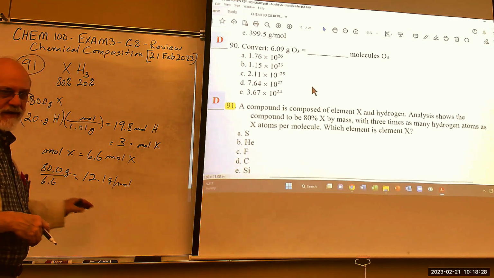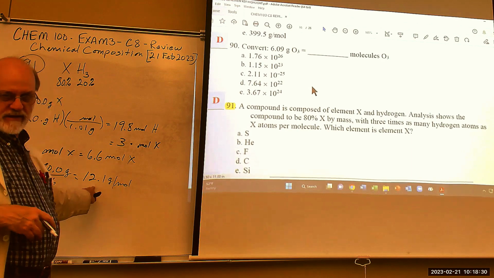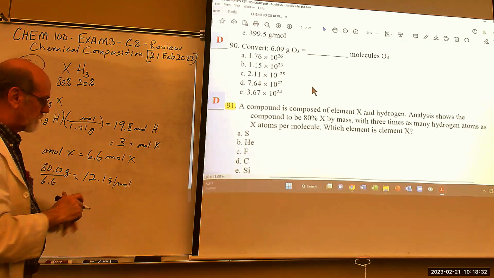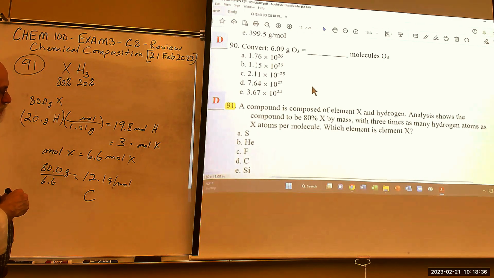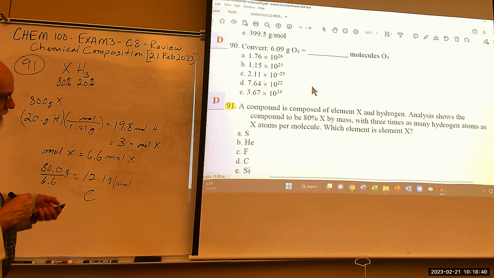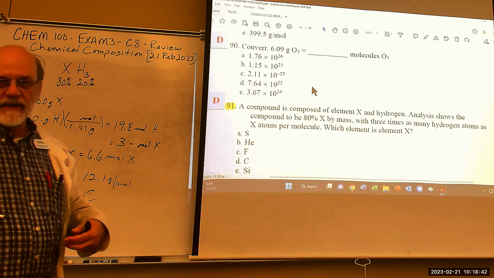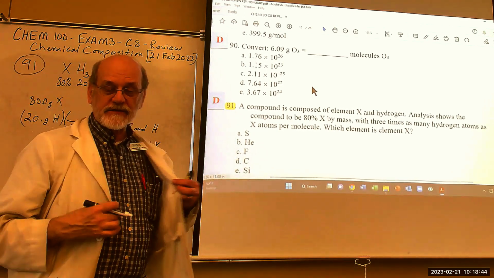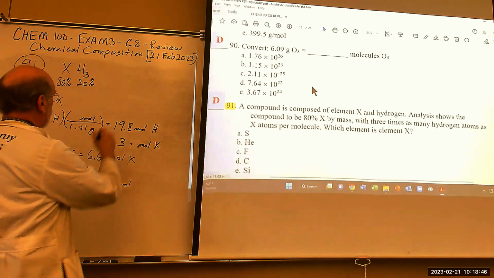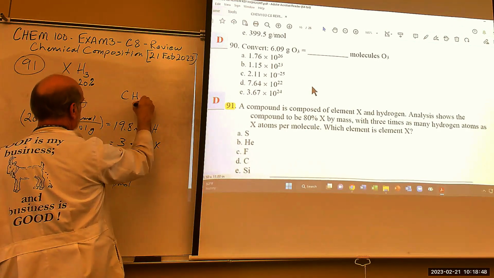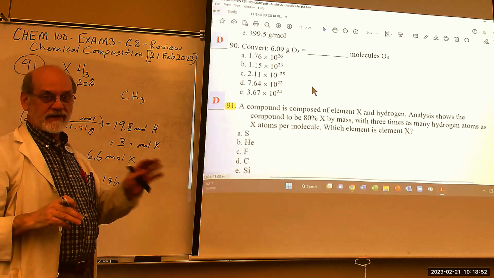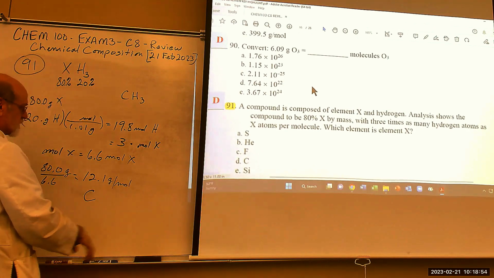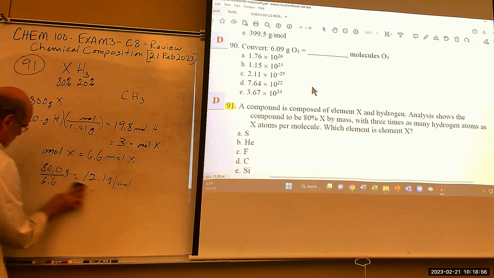Look on your periodic table, and you'll find that the closest one to that is carbon. Now, the fact of the matter is, I don't know of any compound that has this formula. Maybe it exists, but I've never seen it. So this is purely hypothetical.